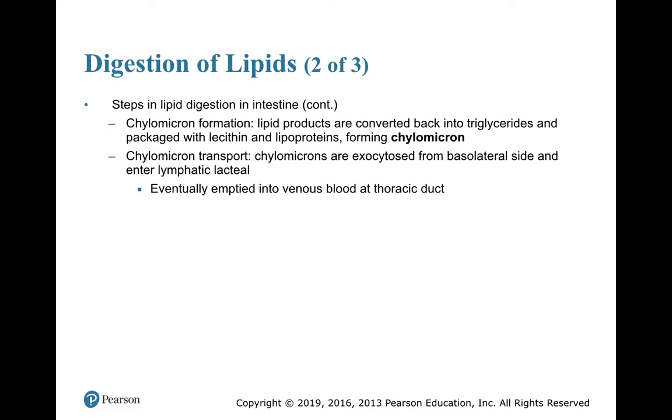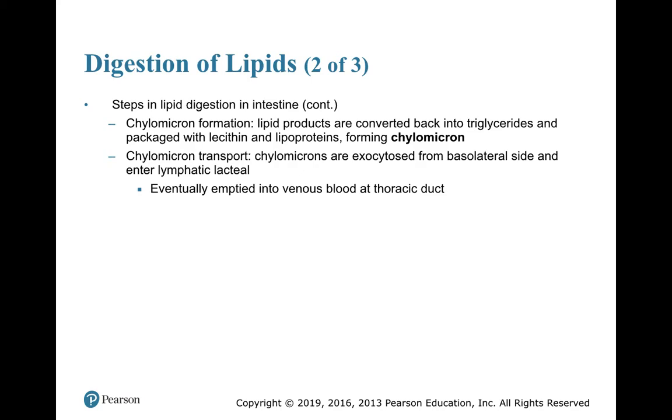In the small intestines, we also get chylomicron formation, in which those lipid products are converted back into triglycerides, packaged with lecithin and lipoproteins, forming something called a chylomicron. And that chylomicron is then exocytosed from the basolateral side and enters not the circulation, but the lymphatic lacteal.